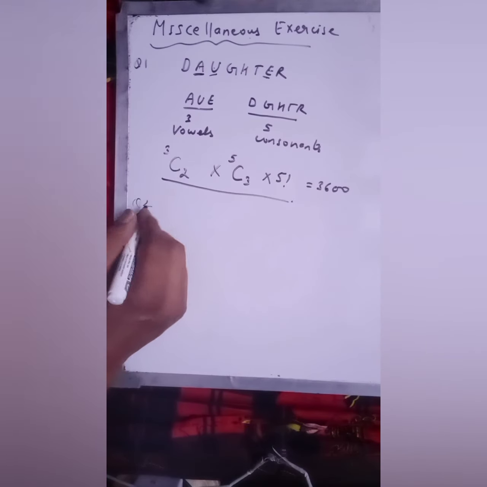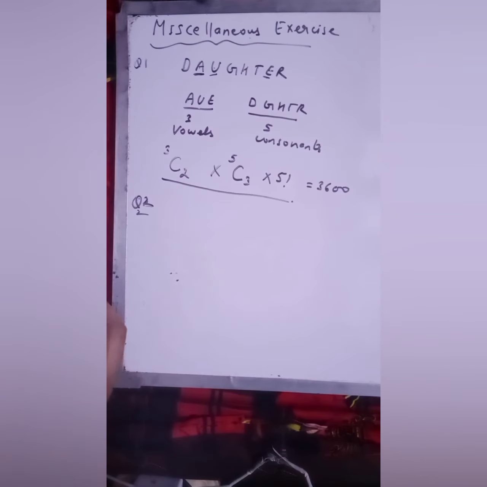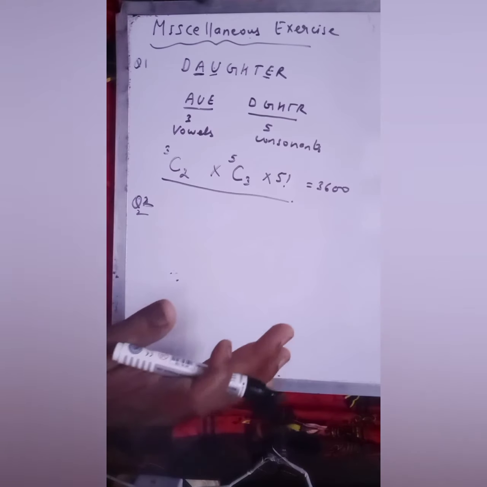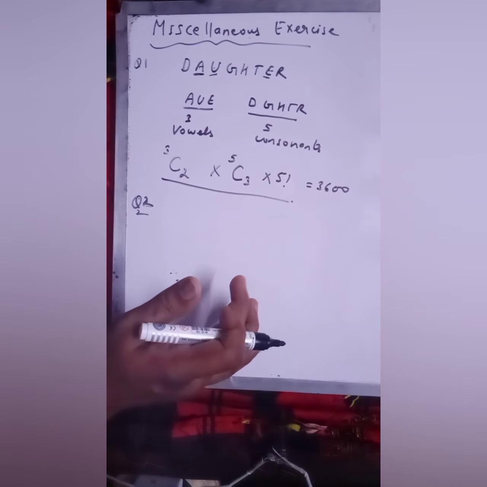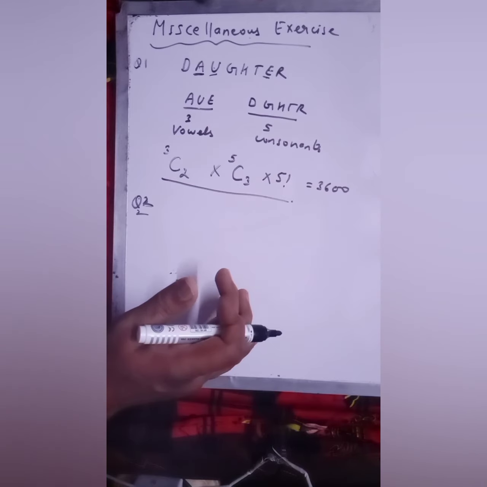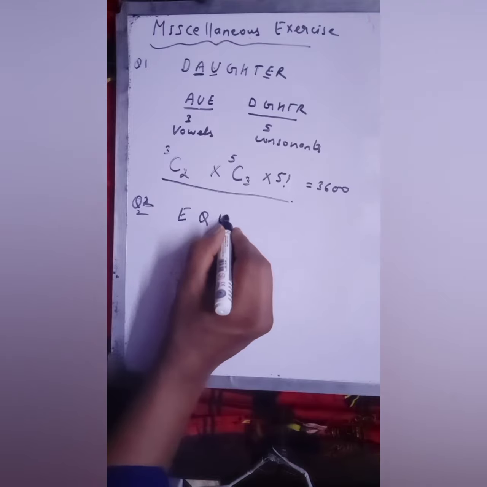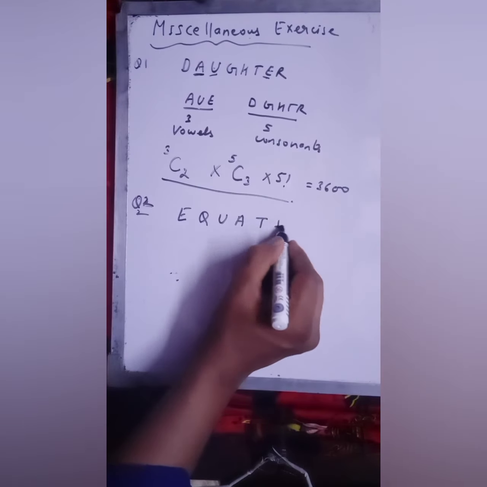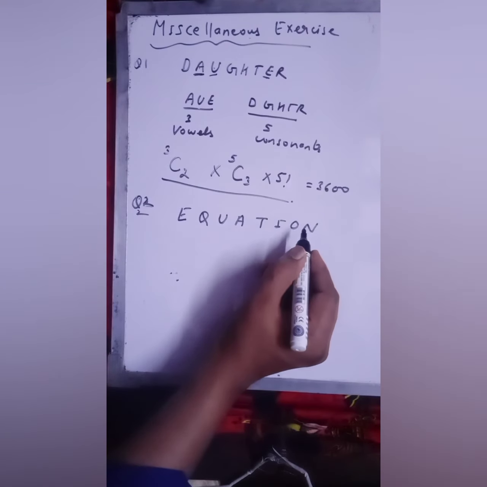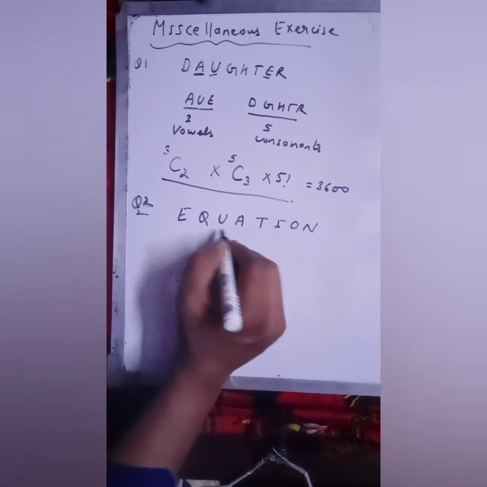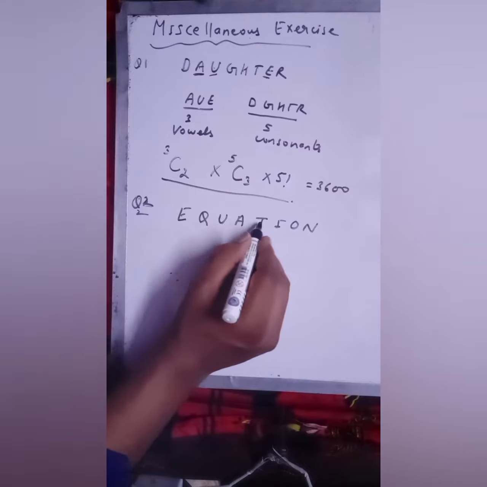Next, question number 2. Are you getting my points? How many words, with or without meaning, can be formed using all the letters of the word EQUATION? It is EQUATION only, not EQUATIONS. 1, 2, 3, 4, 5, 6, 7, 8.